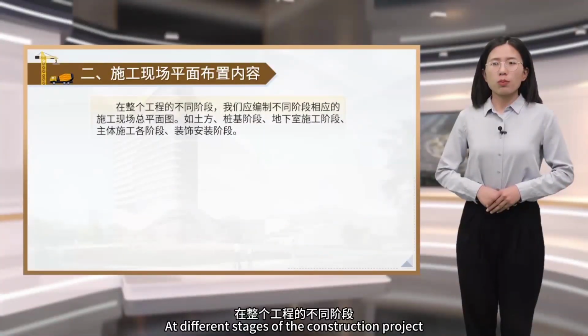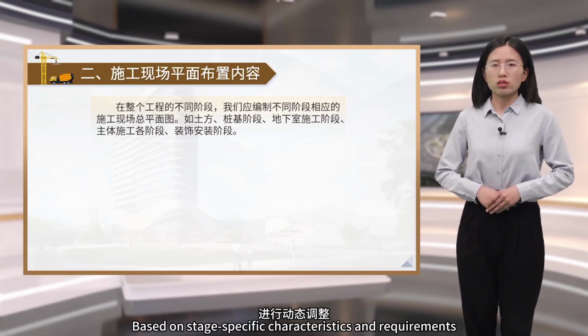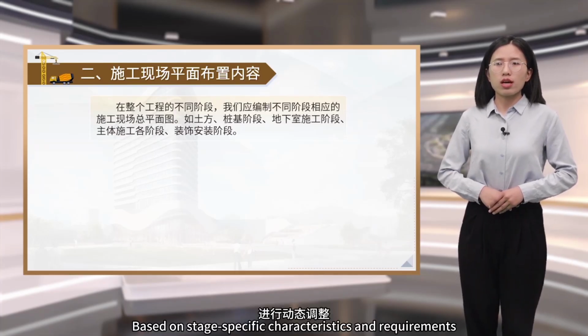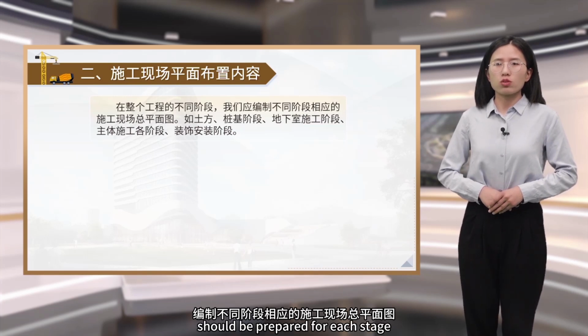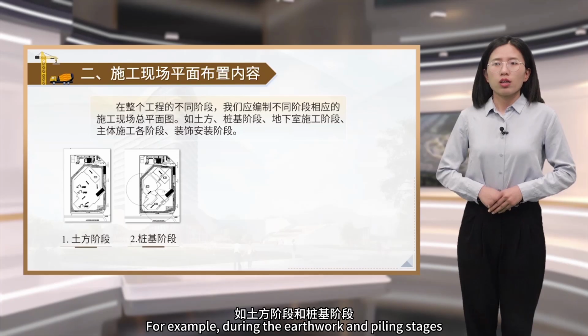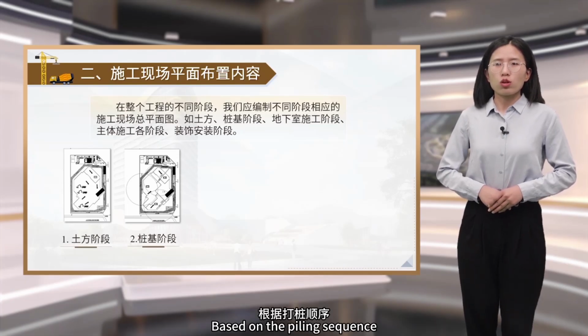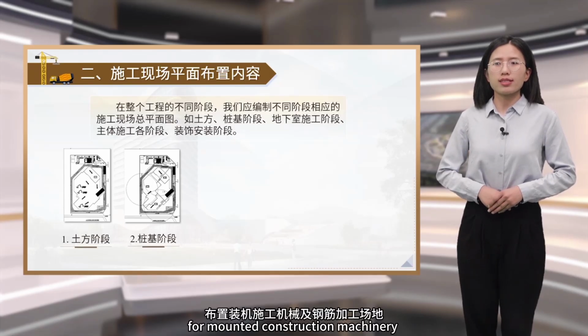At different stages of the construction project, adjustments should be made dynamically. Based on stage-specific characteristics and requirements, corresponding site layout plans should be prepared for each stage. For example, during the earthwork and piling stages, based on the piling sequence, reasonably reserve soil excavation ramps and arrange space for mounted construction machinery and rebar processing areas.